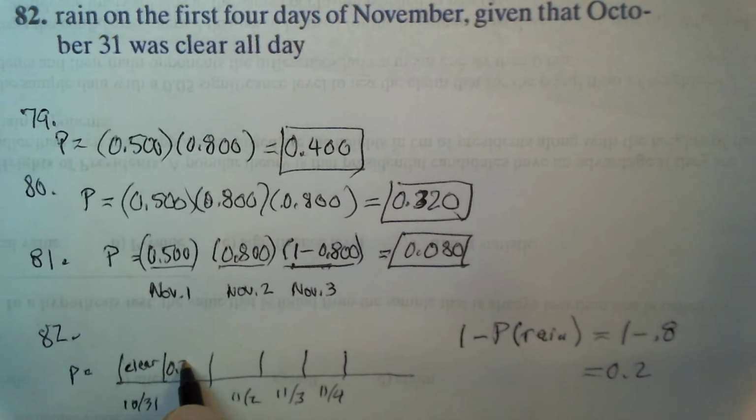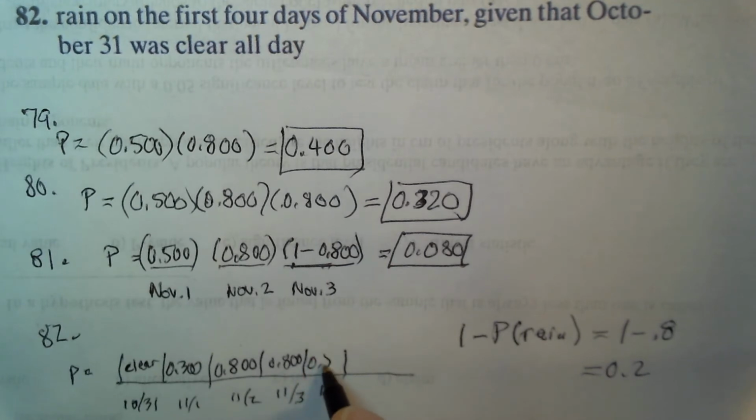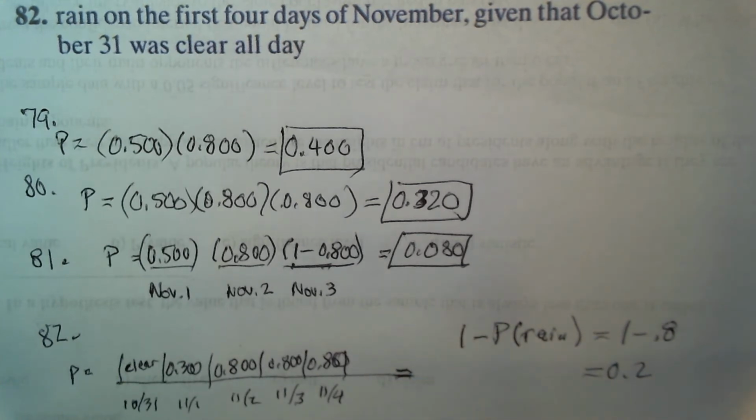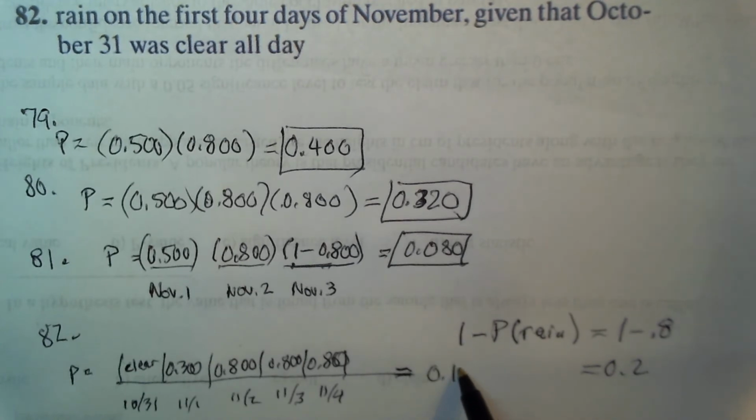So 0.300, followed by days of rain is probability 0.800 times 0.800 times 0.800, and then the product of all these numbers is 0.1536.